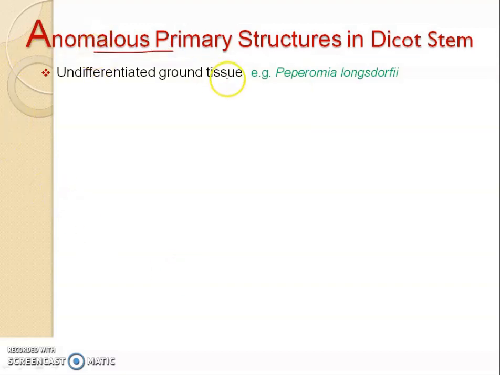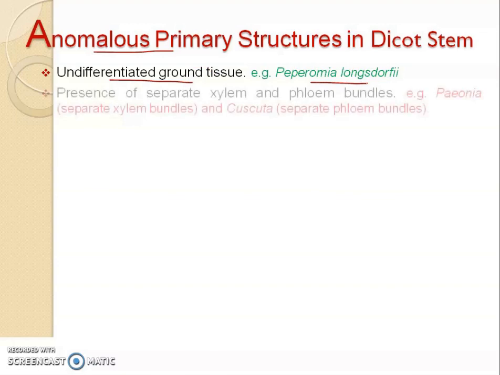So these anomalous primary structures include undifferentiated ground tissue. Some members show undifferentiated ground tissue. This means ground tissue is not differentiated into cortex, endodermis, pericycle and pith. For example, Peperomia blanda. Second is the presence of separate xylem and phloem bundles.